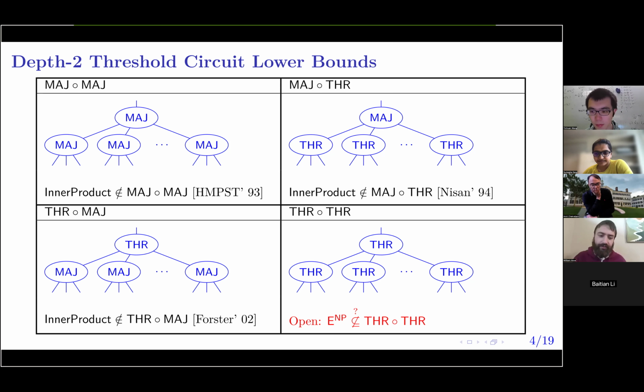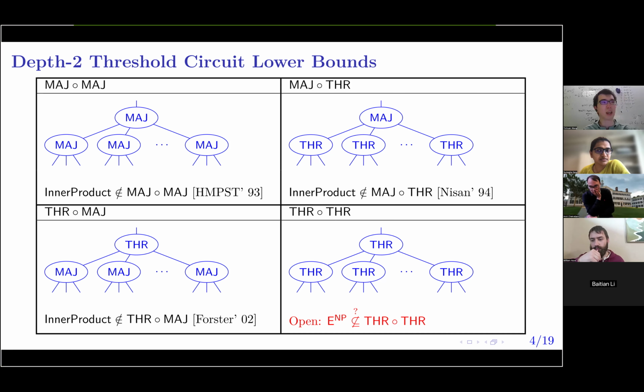I have a question. Is inner product in threshold of threshold? That's a good question. Let me think about it. Okay, so inner product, trivially it is an XOR of ANDs.